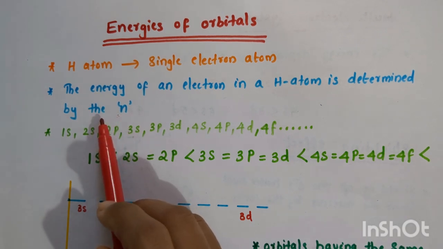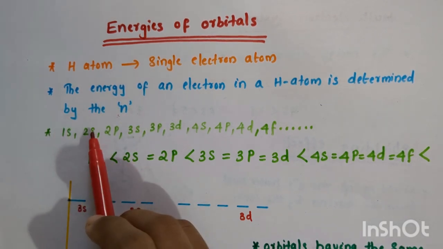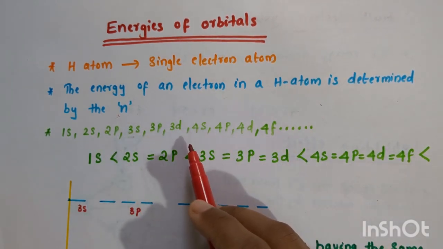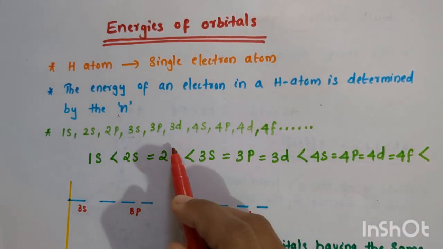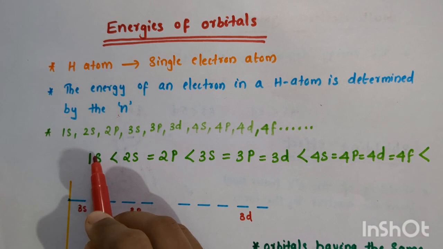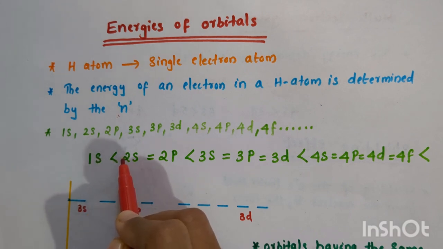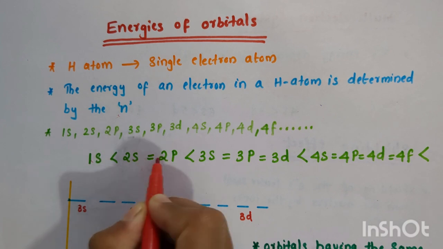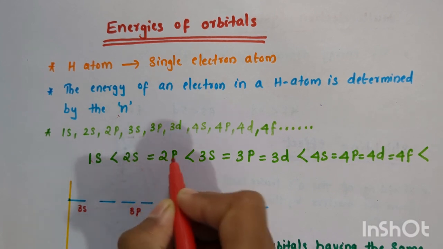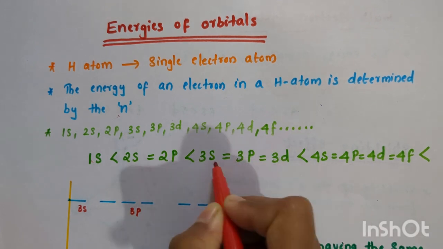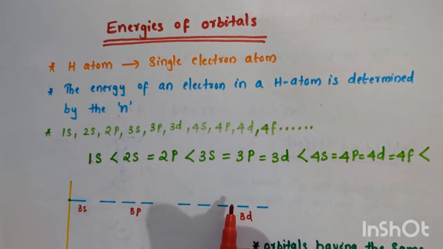So, if you consider different orbitals 1s, 2s, 2p, 3s, 3p, 3d, 4s, 4p, etc. in a hydrogen atom, the energy of the orbitals increases as 1s has the least energy, 2s has an energy greater than that of 1s, and 2s and 2p have the same energy. 2p has less energy than 3s. 3s, 3p and 3d, all three have the same energy.